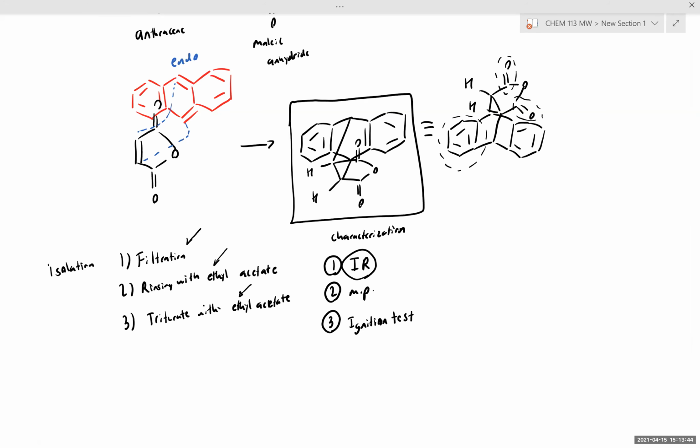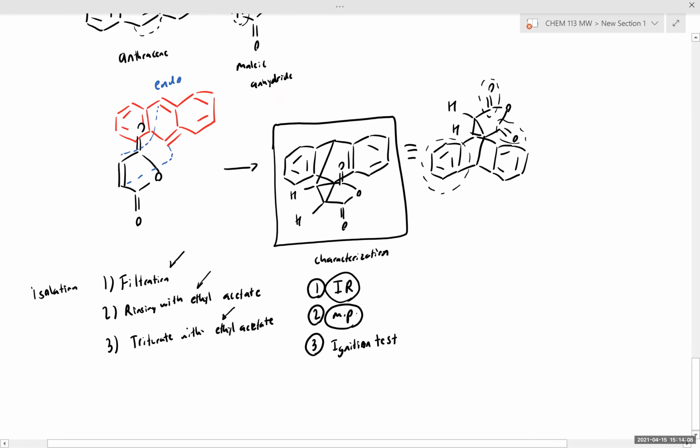From there, we're going to characterize our product via IR, where we'd be able to note the aromatic CC and CH stretches and the carbonyl CO stretches. We'll be able to record the melting point of our product, which will be a unique identifier that we've isolated the pure Diels Alder adduct.